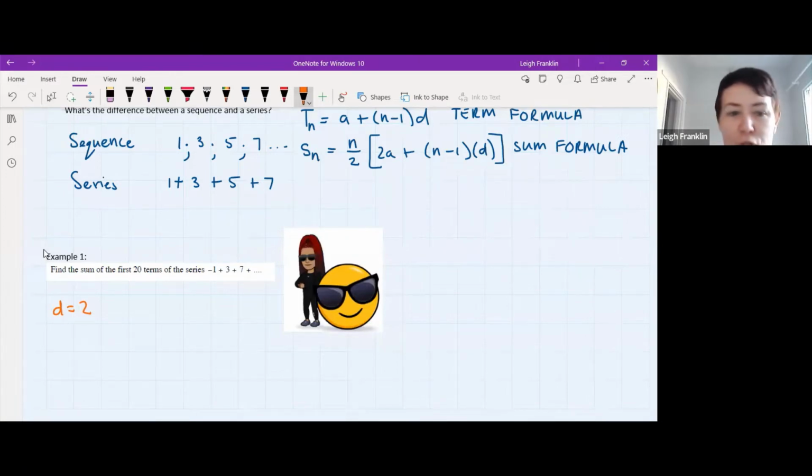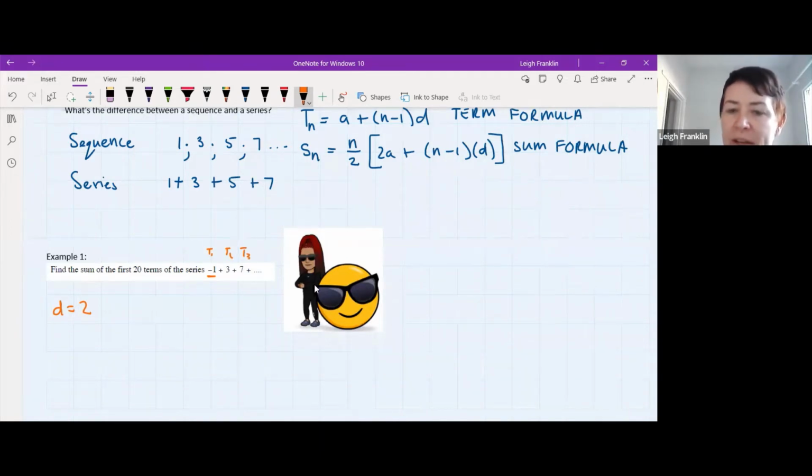Okay, so the first term of the series is going to be this value over here. This is term 1 of the series. And plus 3, that would be term 2 of the series. And then 7 would be term 3. So we have a letter that we use to represent the first term of the series.